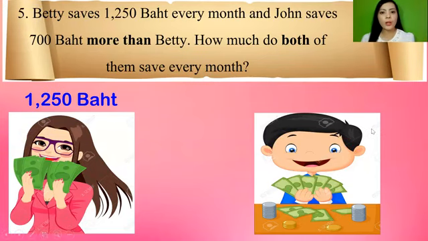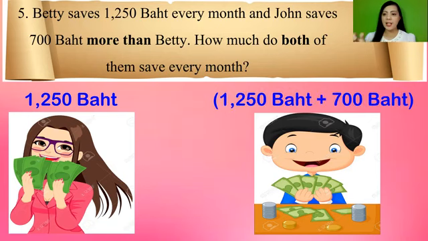All right, now go back to John's savings. John saves 700 baht more than Betty. Okay, so definitely 1,250 baht, that is for Betty, plus 700 because John has more money than Betty by 700 baht.